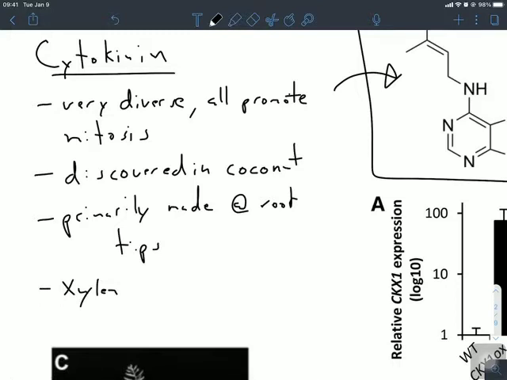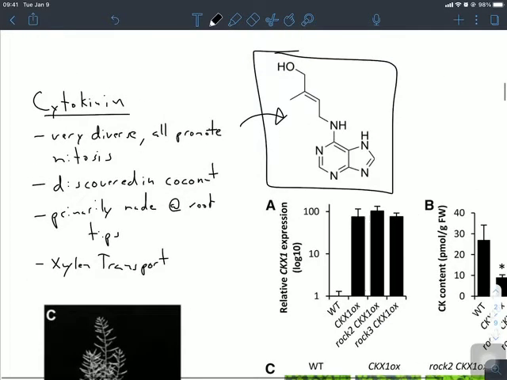Xylem transport. So they are made at the source, promote cell division, and then get transported by the xylem elsewhere. But obviously they're going to be needed in their highest concentrations with those regions of cell division.